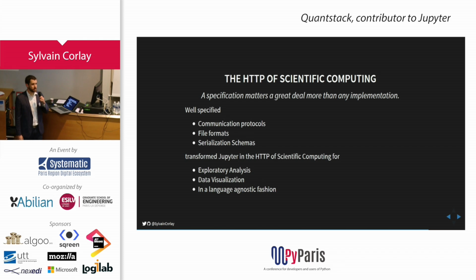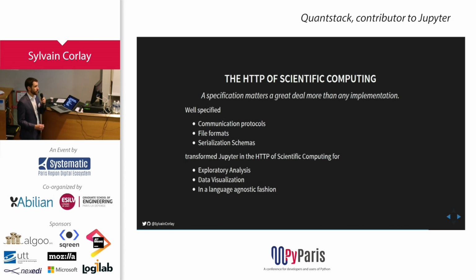So truly, what Jupyter is becoming is the HTTP of scientific computing. And why? Beyond being an implementation of an interactive development environment, Jupyter has well-specified communication protocols, file formats, and serialization formats, and good specifications matter very often a great deal more than any implementation.